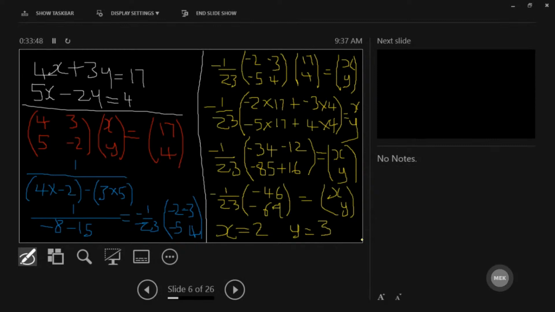X is 2, y is 3. So let's plug those values into the equations. 4 times 2 is 8, 3 times 3 is 9, 8 plus 9 is 17. 5 times 2 is 10, negative 2 times 3 is negative 6, 10 minus 6 gives 4. So we know that we are correct.